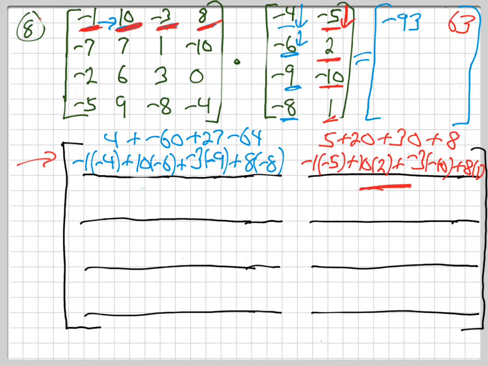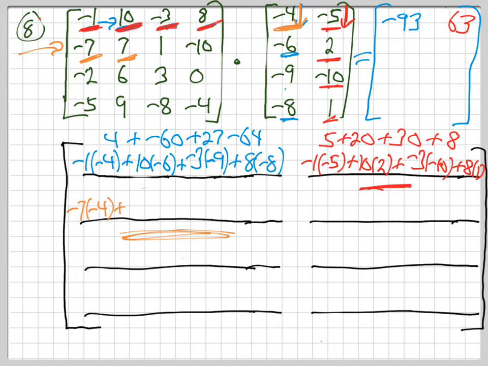Now I'm going to do the second row. So I'm going second row on the left, down the left. So here we go. -7 times -4.